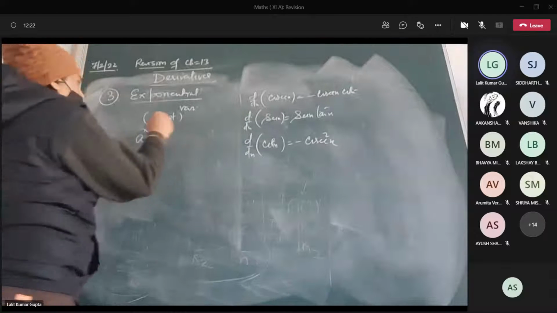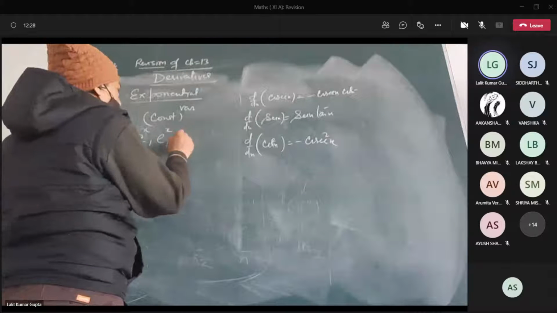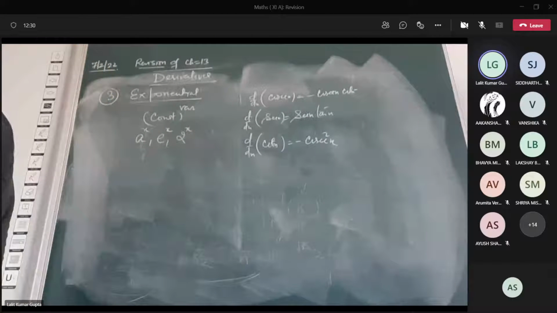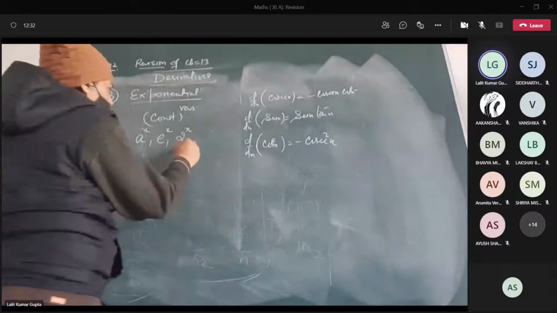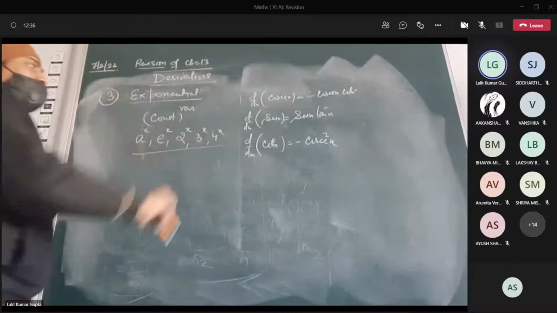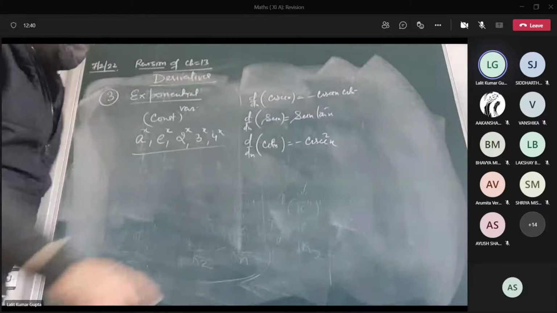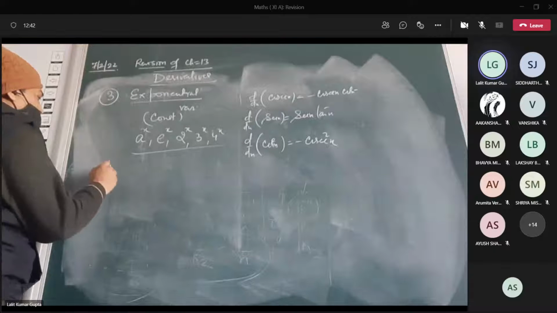Next is e raised to the power x. This is in the category of e raised to exponential. Next is any number raised to the power x: 3 raised to the power x, 4 raised to the power x, any number raised to the power x comes in the exponential category. So we have two formulas in this case.